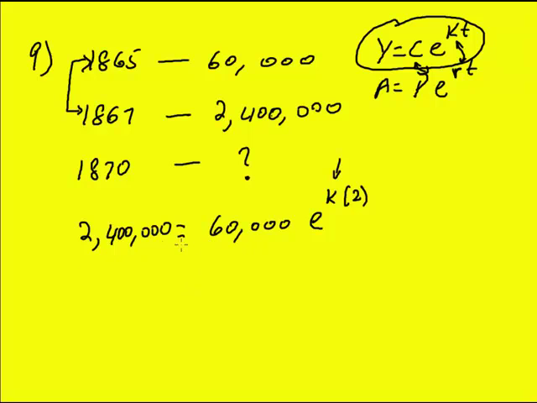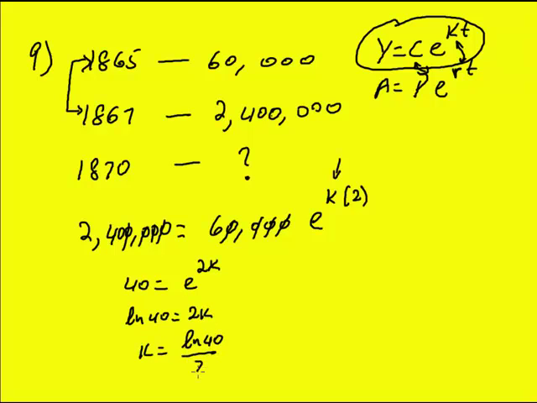When I divide both sides by 60,000, the 4 zeros here cancel out with the 4 zeros there, and then dividing by 6 gives me 40, which is equal to e^(2k). If I want to solve for this, I'm going to have to ln both sides. ln of 40 is equal to 2k, and my k is equal to ln of 40 over 2.